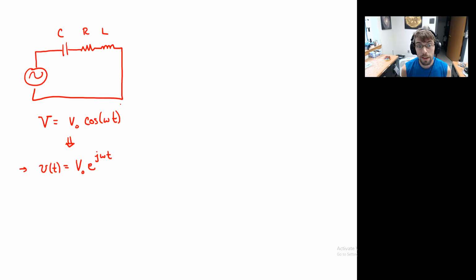So when I do that, I can now think not of C, R, and L, but of those as acting as impedances. And I think that usually what you do is you just put boxes around them.